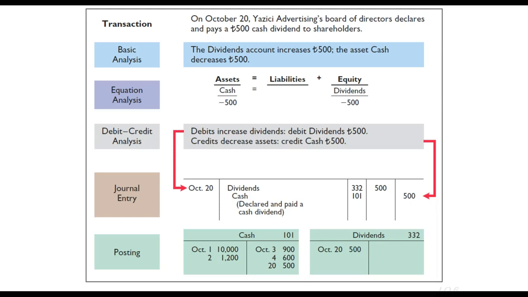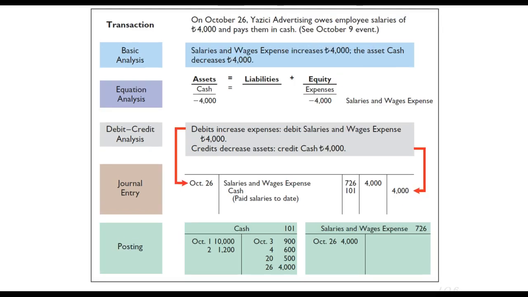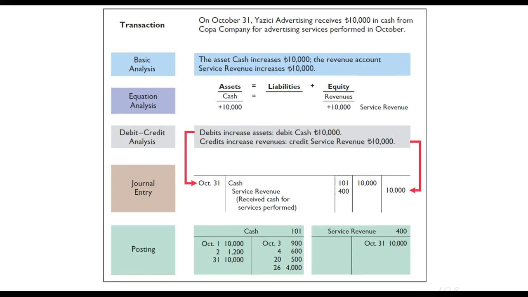Then I paid a dividend. Well, dividends is also a debit because it reduces retained earnings, and a reduction of retained earnings is a debit. So dividends is debited, cash credited. Then I paid the employees, salary and wages expense, debit, always debit expenses, credit cash.